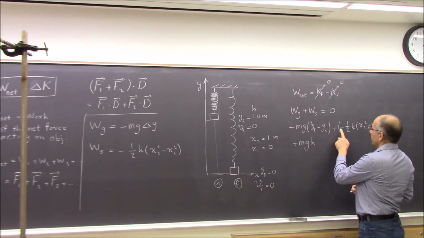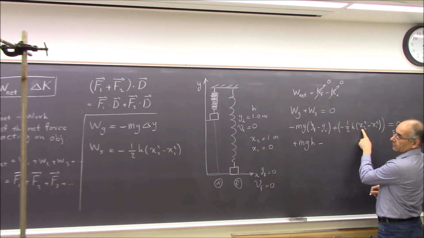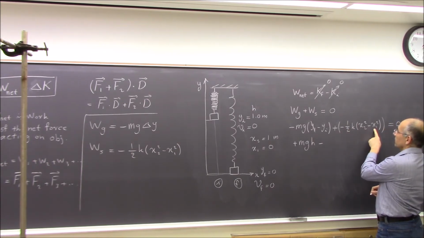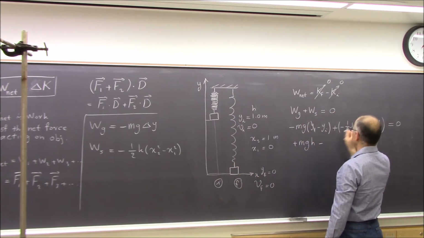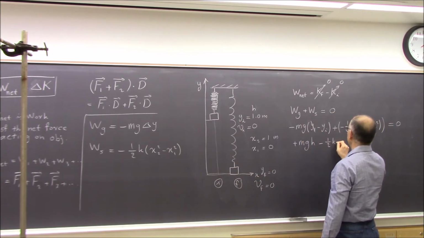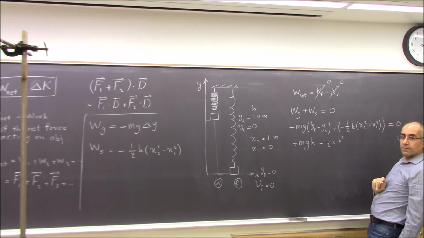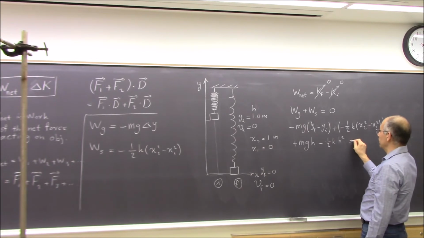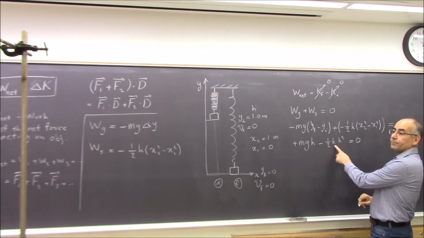And then negative 1/2 k, x2 is 1 meter, the same as the height here, so it becomes negative 1/2 k (h squared minus 0 squared), equal to 0. Now solve for k.